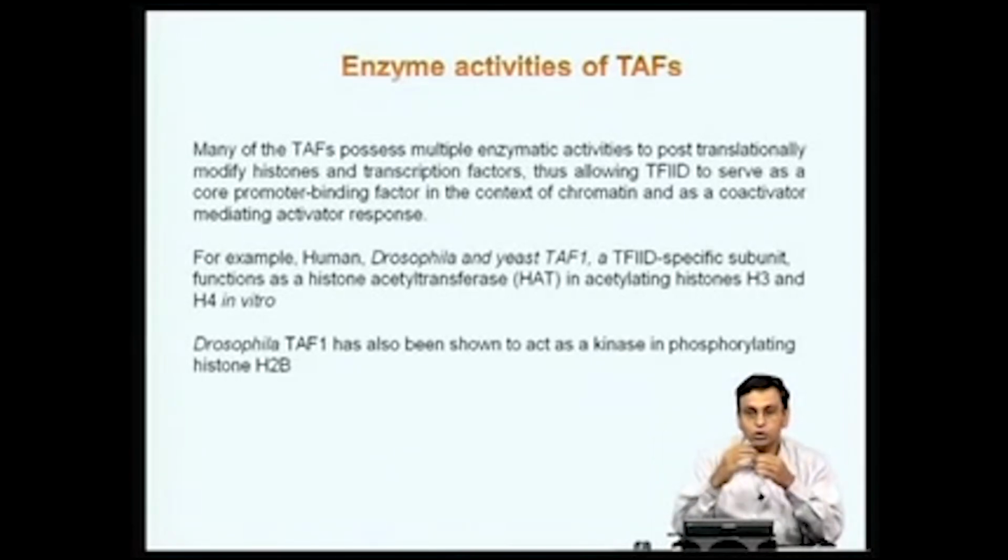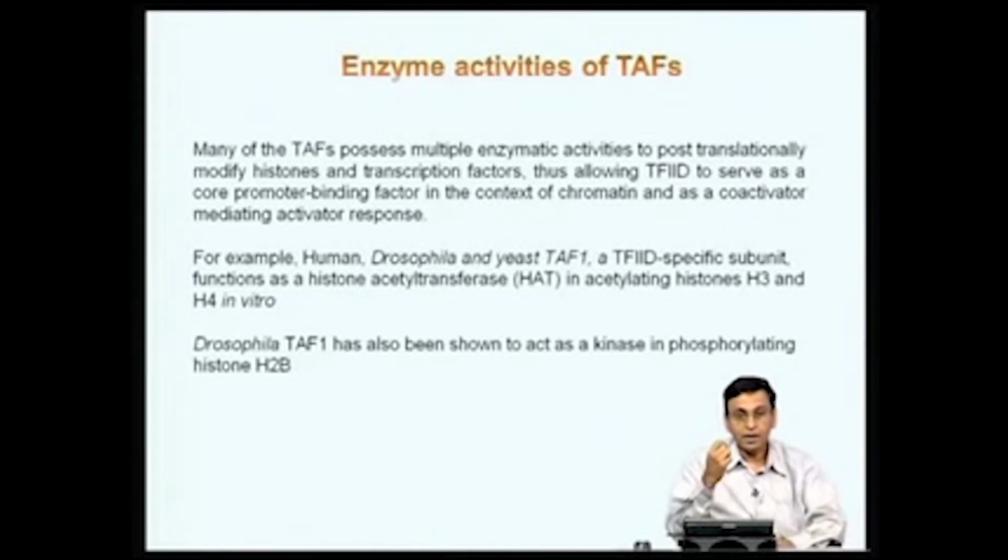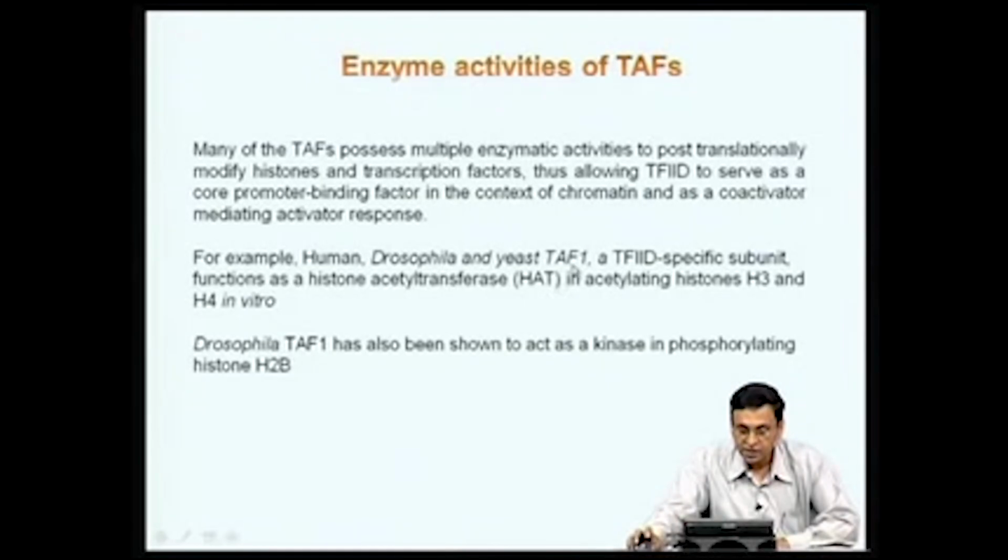The first thing that has to happen is you have to dislodge the histone. So, this is where people realized that some of the transcription factors, especially TAFs, can modify histones. For example, the human, Drosophila and yeast TAF1, which is a TFIID specific subunit, can acetylate histones.